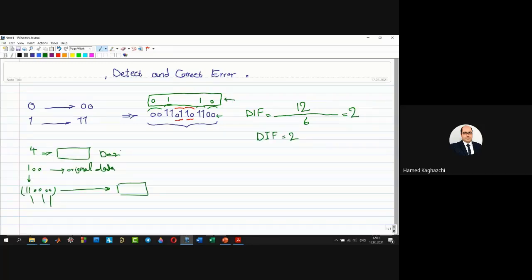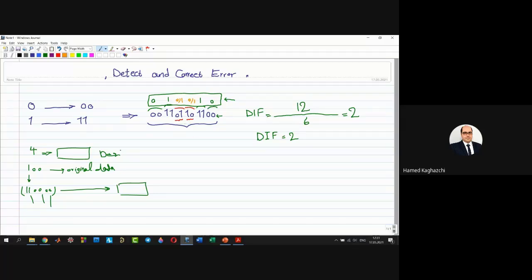So what happened in this case? In this case, I cannot correct the data. As you see here, I don't know now whether I have to write 0 or 1 here. What can we do?